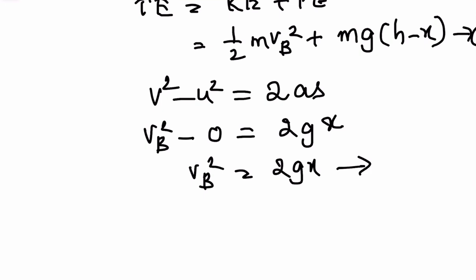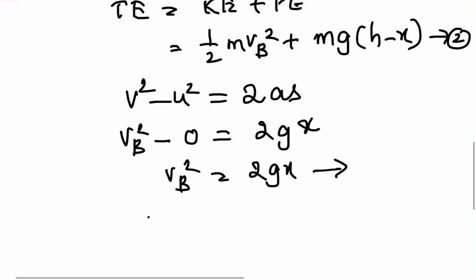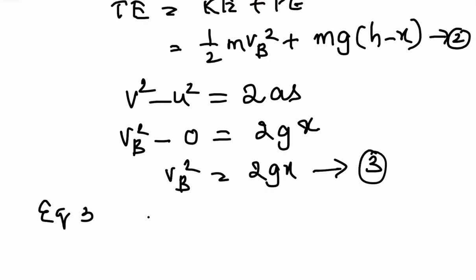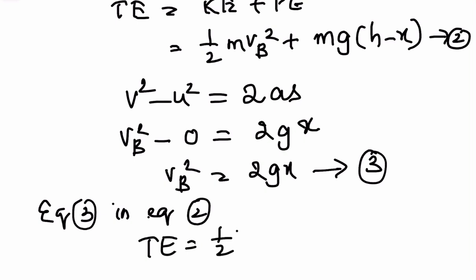Now substitute equation 3 in equation 2. Then total energy is equal to half m vB square, which is 2gx, plus mgh minus mgx.